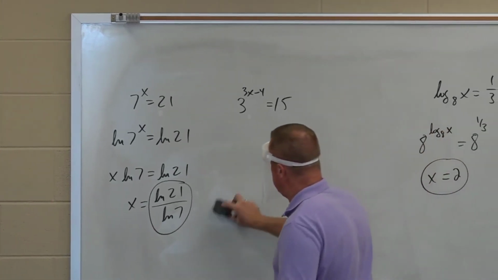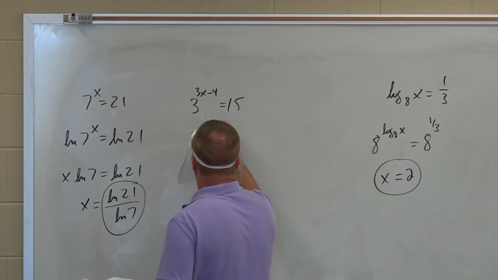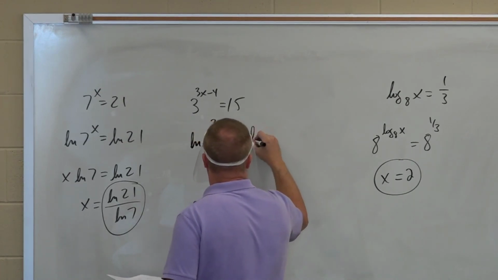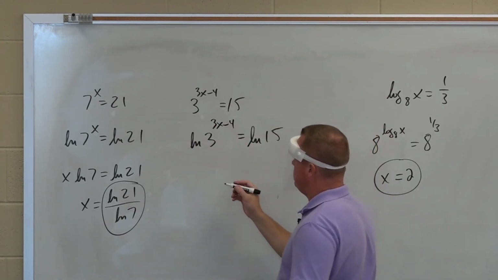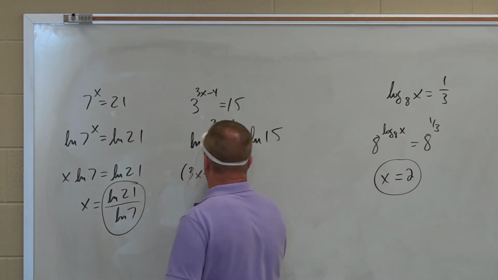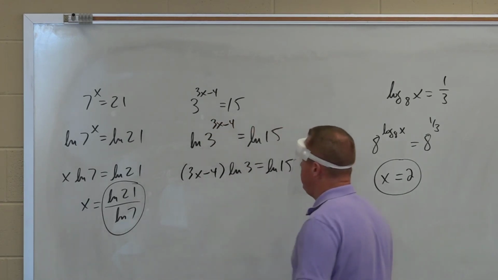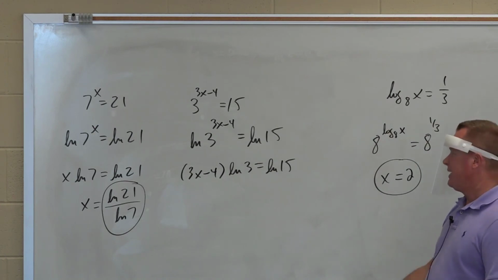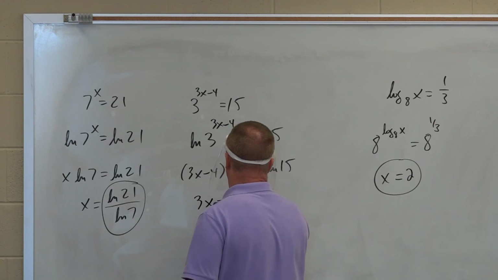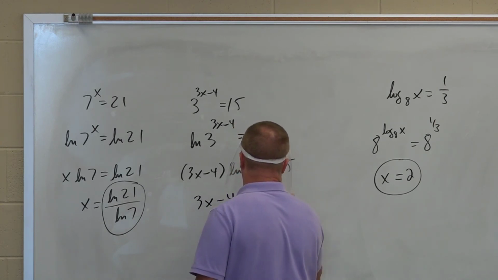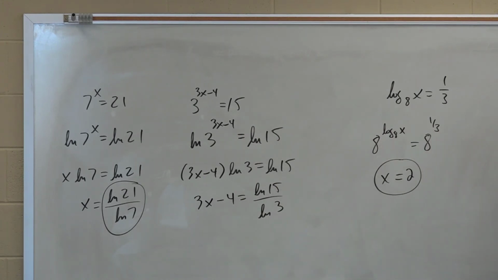One more. This one, if I take the ln of both sides, I get that. And then if I move this down in the front, I get that. I would then go ahead and divide by ln 3. And then you just got two steps.